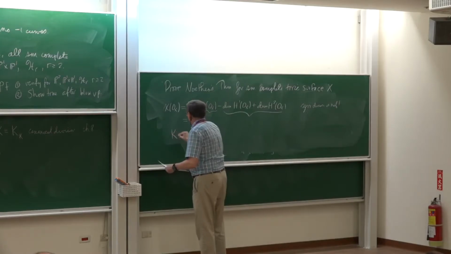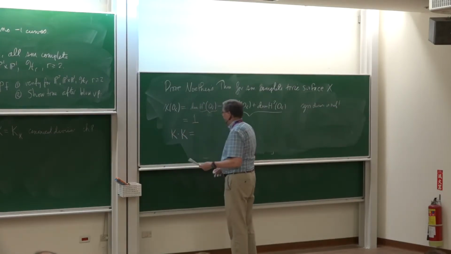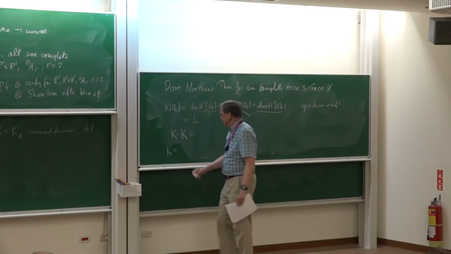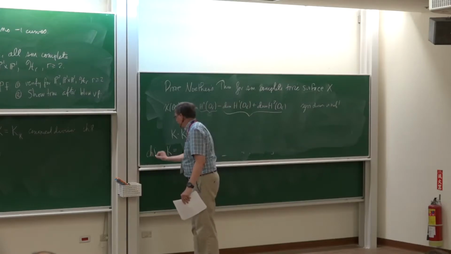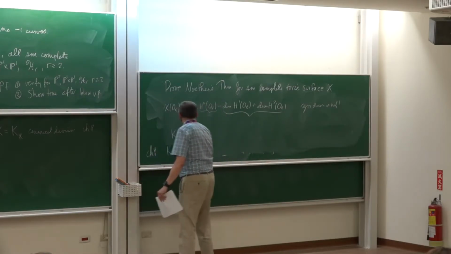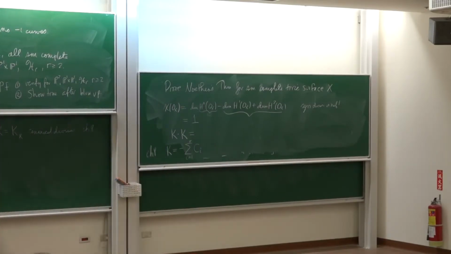Now, K dot K. Well, remember, we actually know what the canonical class is. And again, this is something we learned in chapter 8. This is minus the sum of the Ci's. So remember, that's the picture we had here.